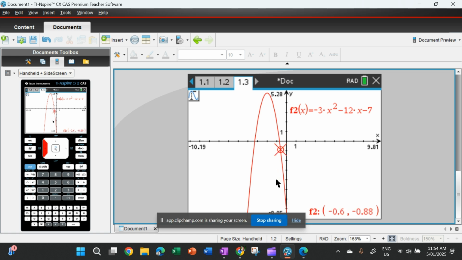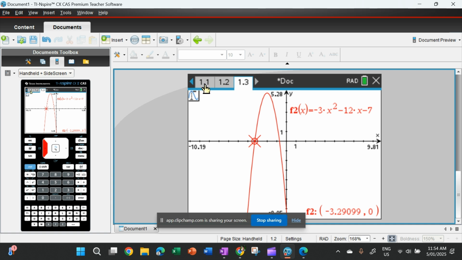The zeros are 0.709 and -3.291, and the maximum is at -2, 5, which is your turning point.